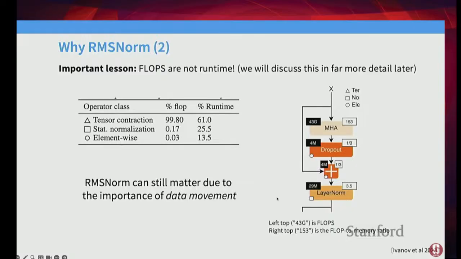But one of the things that's important for architecture design now is to not just think about flops, because flops are important, but that's not the only resource you have to think about. You also have to think carefully about memory movement.